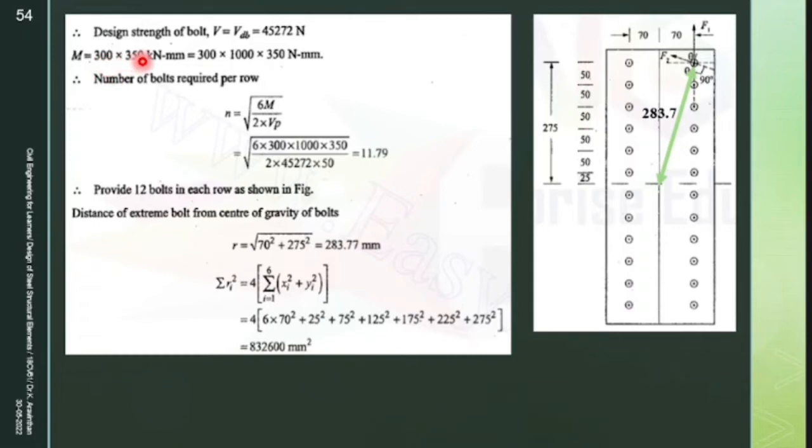Then R, the radius of the extreme bolt, is 283, divided by summation of R square, which is this value. Now you can find your F1 and F2. So these are your components. You will be getting 35,786.5 Newton.